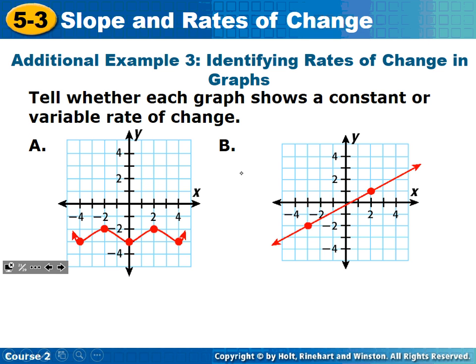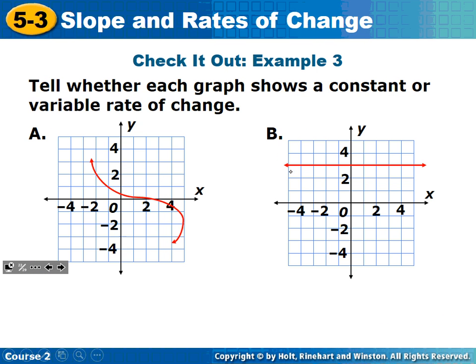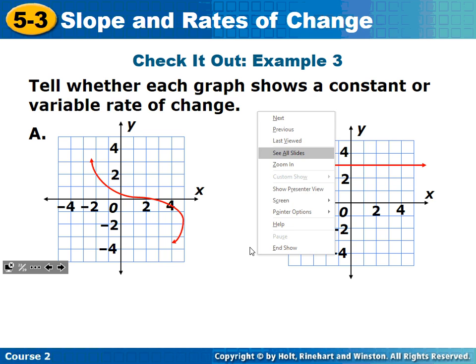B is the one that's constant. Which one's constant and which one changes? Caden? A is changing, B is constant. Okay.